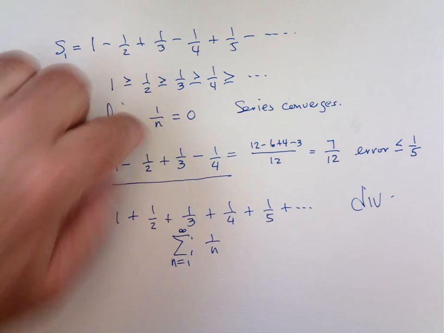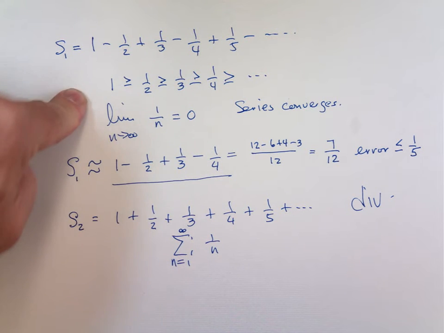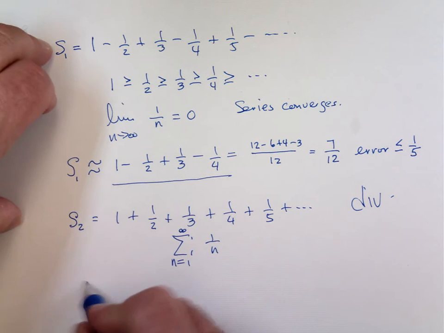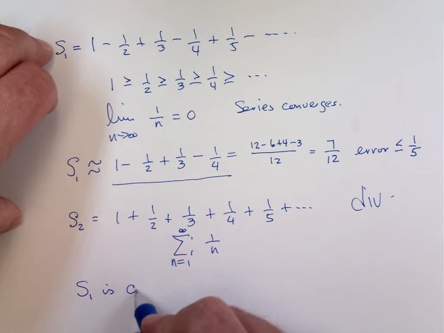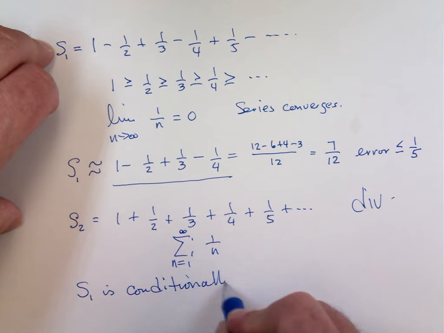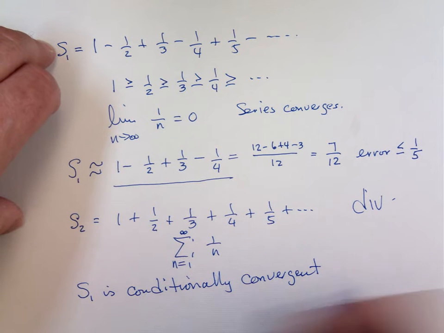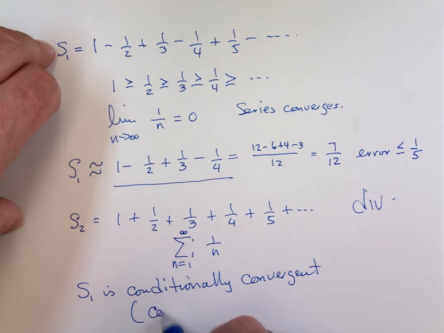Its positive series diverges. That makes the alternating series conditionally convergent. Or you could say converges conditionally.